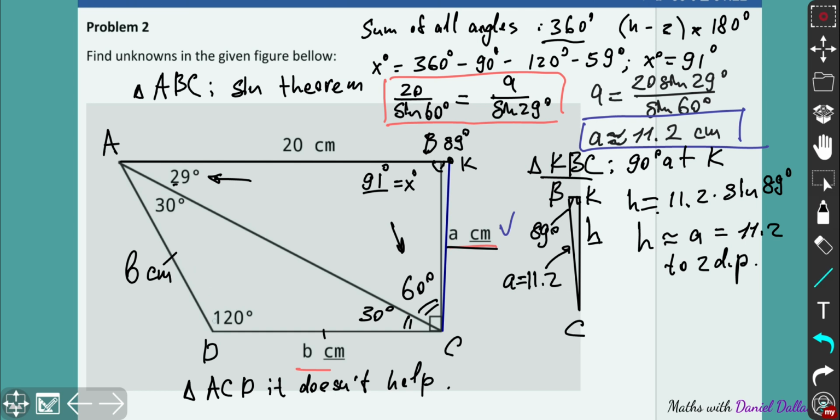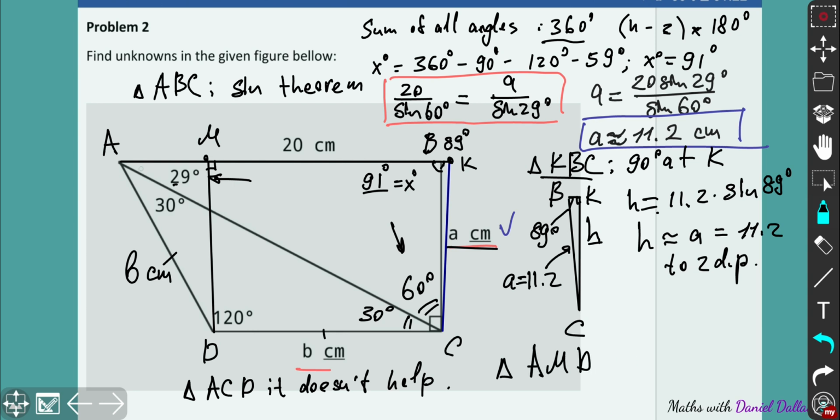So you can say that if you drop the same height here, you will have a 90 degrees angle here. So let's set a point M in the triangle AMD.